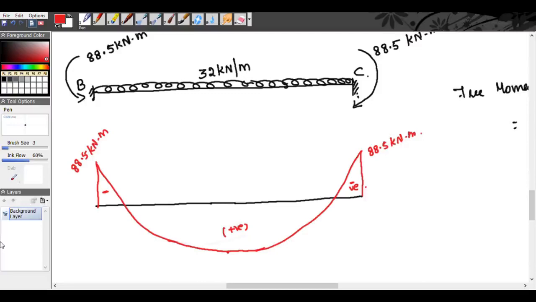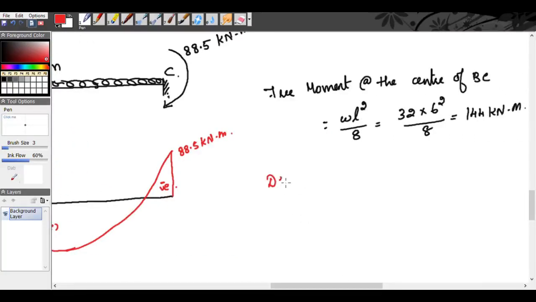Now the design moment at the midspan. At the midspan, what will be your design moment? If the beam is having simple supports, our bending moment is 144, and because of the fixed support, the bending moment gets reduced by 88.5.